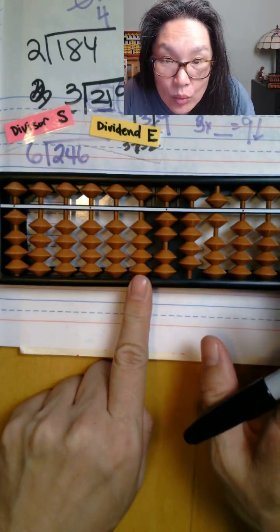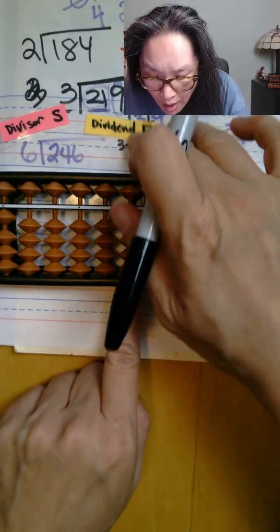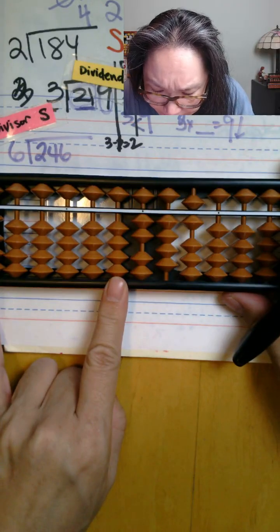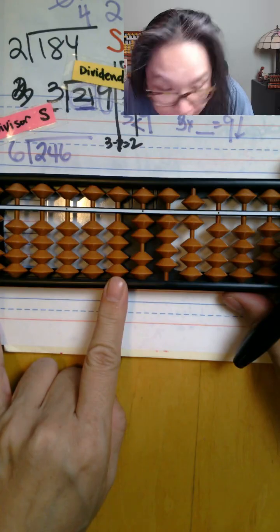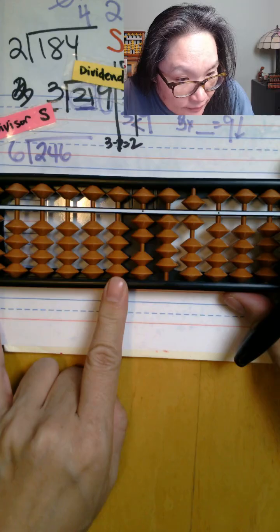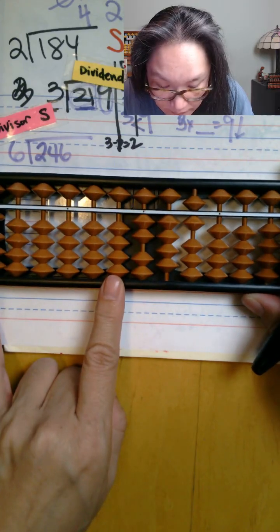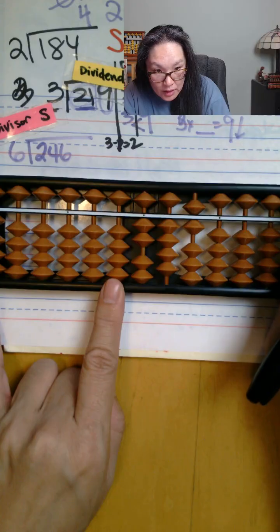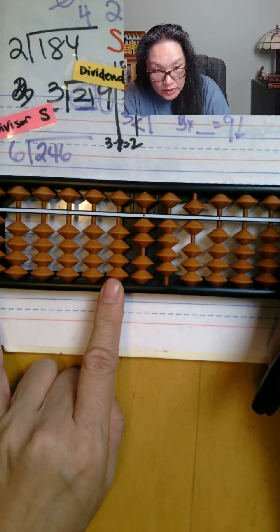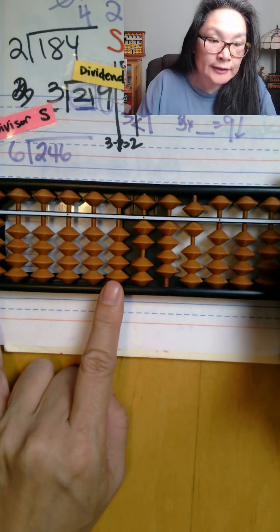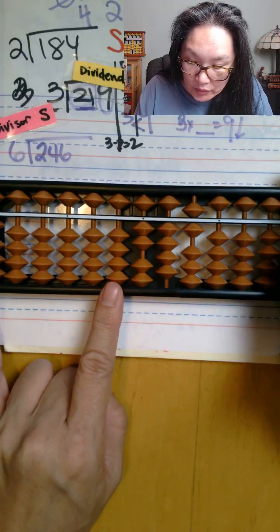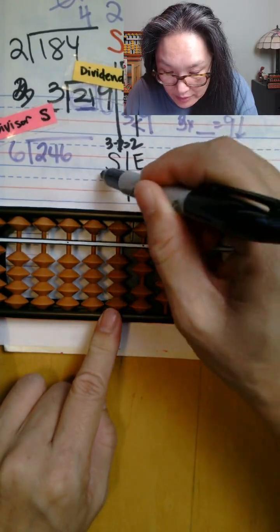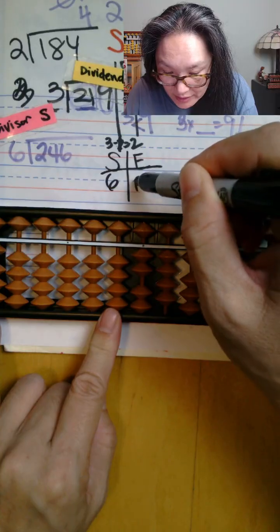Exactly. Now what? The next thing I do is compare. What two digits do I compare? 6 is greater than 2. Yes, because my divisor is 6, my dividend is 2.